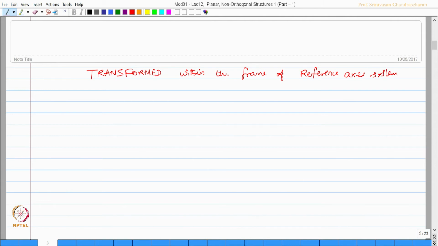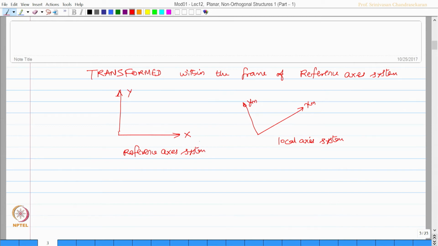Some literature call the two axis systems x and y, xm and ym. They call this the local axis system, and this is called the reference axis system. Some literature address this as global axis system.